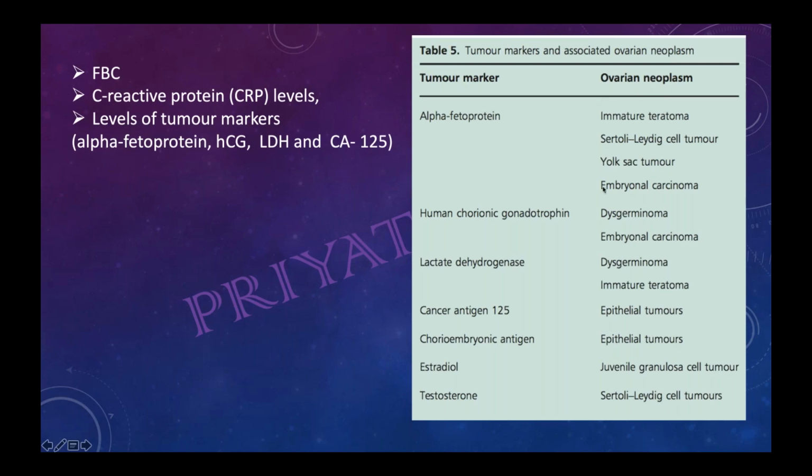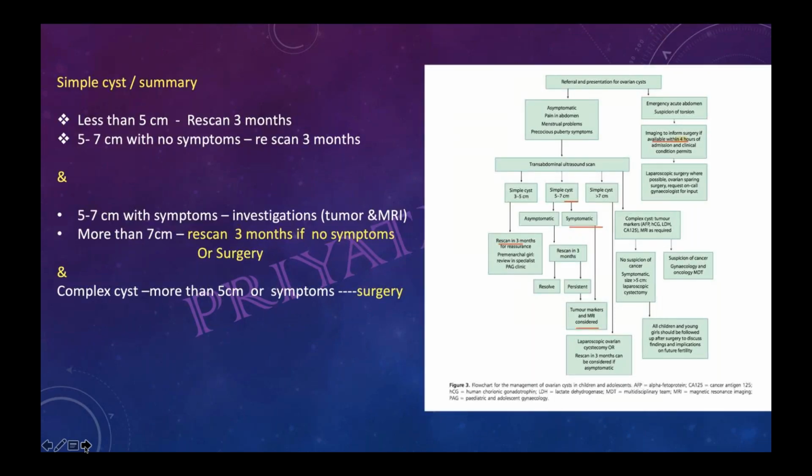HCG, we already know, will be in dysgerminoma and embryonal carcinoma. LDH is raised in dysgerminoma and immature teratoma. CA125 in epithelial, carcinoembryonic antigen in epithelial, estradiol in GCT, testosterone in Sertoli cell tumor. This table I have spoken about in the last class also.